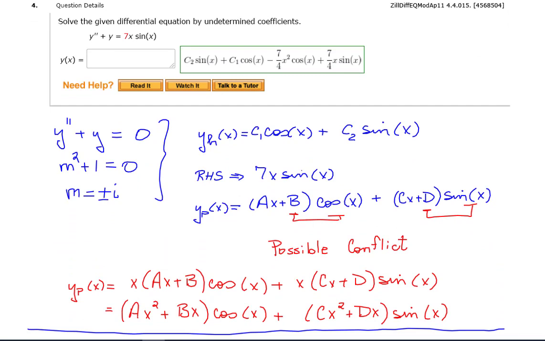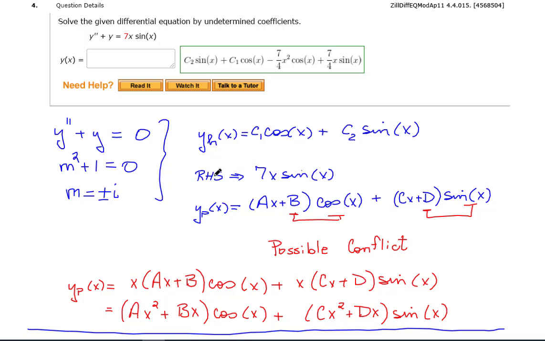All right, in question 4, we have second order constant coefficient. We have this driving function. So I form the homogeneous problem. M squared plus 1 is 0, so m is plus or minus i. Alright, so fairly straightforward. The homogeneous solution then is c1 cosine x plus c2 sine x.